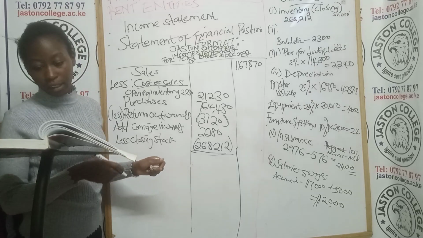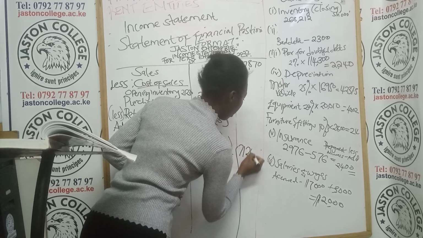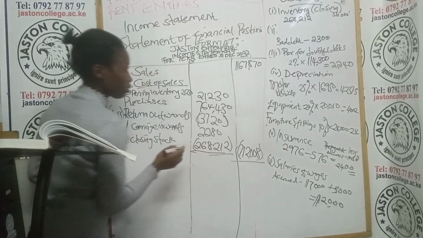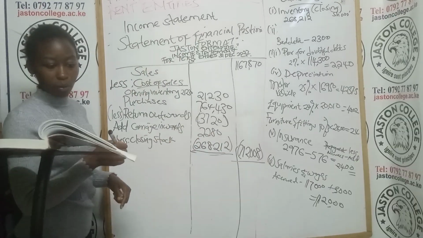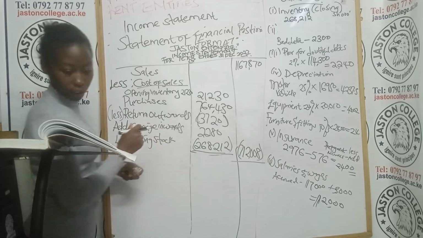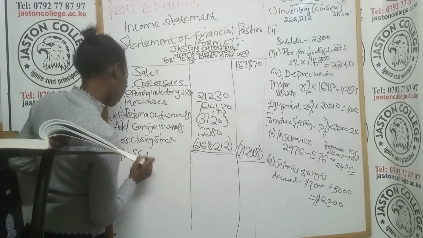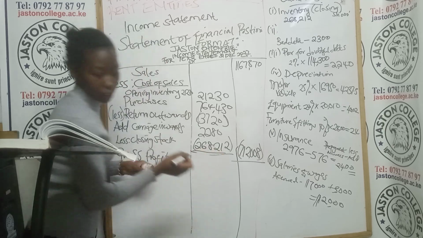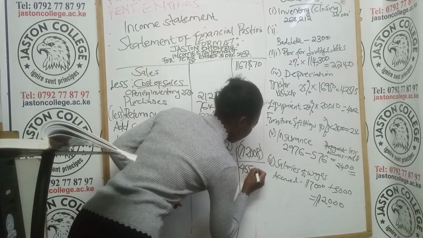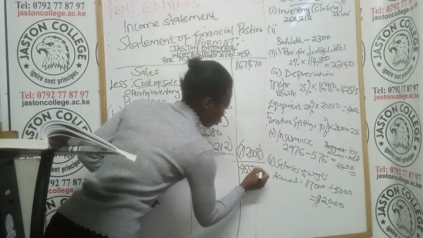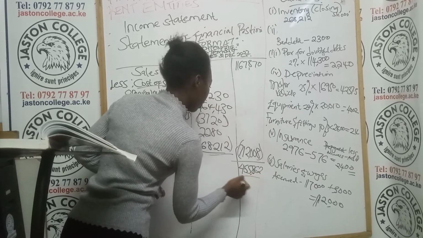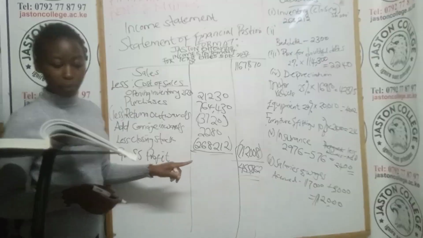We will get 712,008, which is our cost of sales, which we are going to deduct from our sales, and we will get our gross profit here, which is 455,862. So that one will be our gross profit.